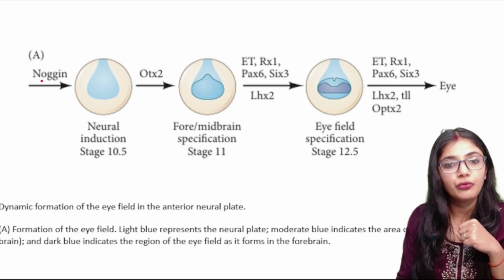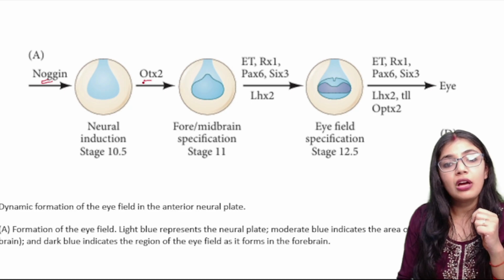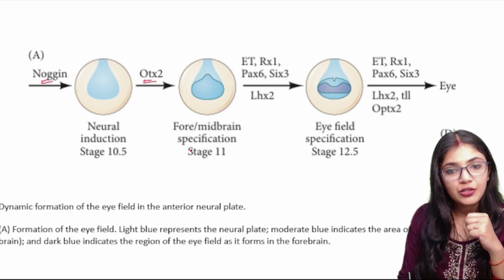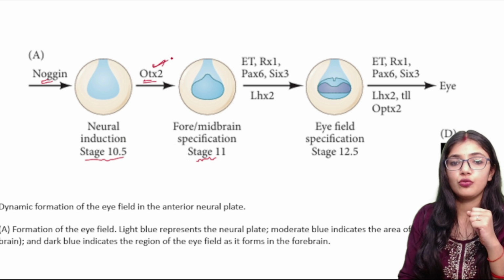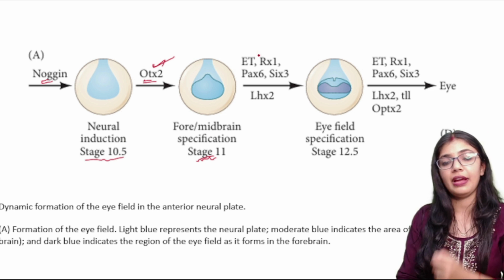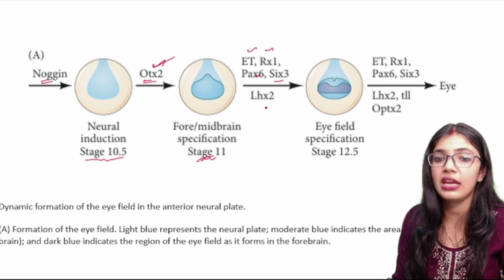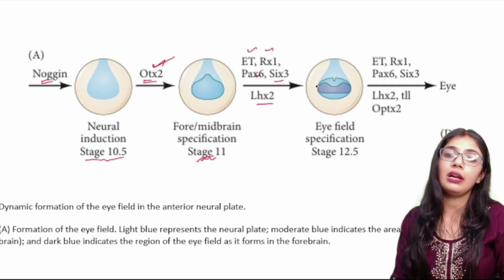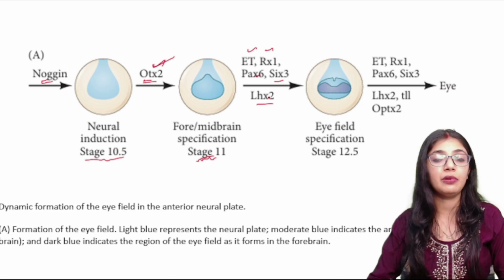There is formation of noggin, and this noggin helps in the secretion of OTX2. The noggin is induced at stage 10.5, and after this OTX2 is formed. In stage 11 there are other transcription factors which are formed, like ET, RX1, PAX6, SIX3, LHX2. They help in specifying the eye field where the particular eye will be formed.